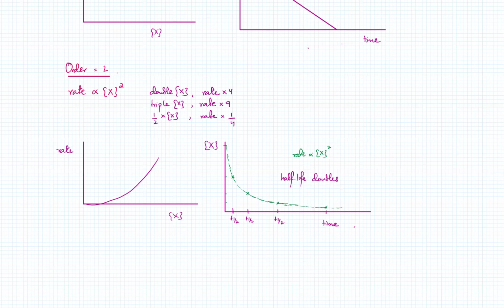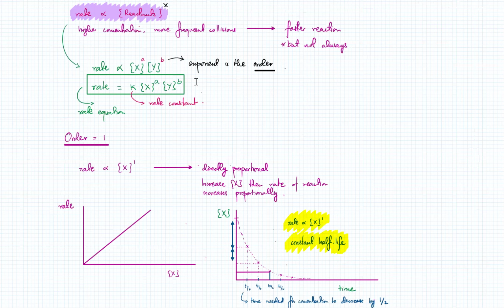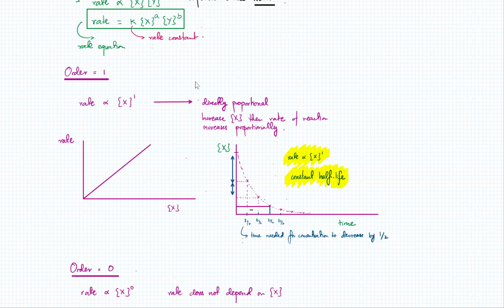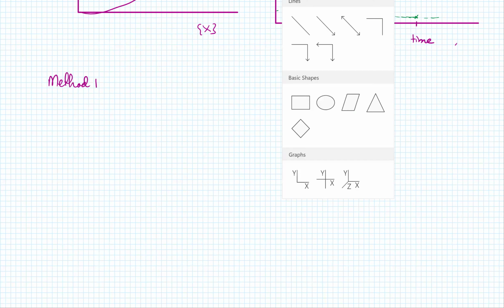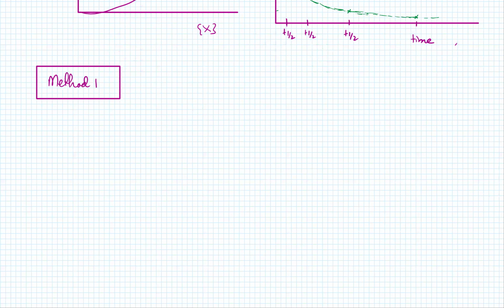Okay, so that's method number one. Remember, there are three total methods of finding the order of reaction. So this was method one. In any question, there are going to be three methods. So method one, I'm just going to write that down.